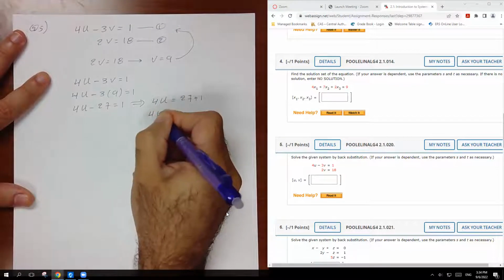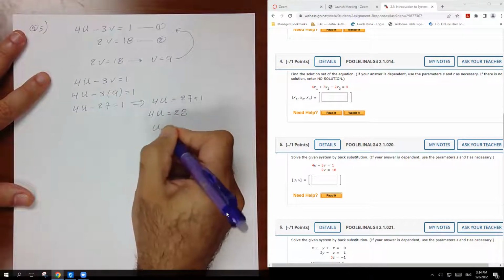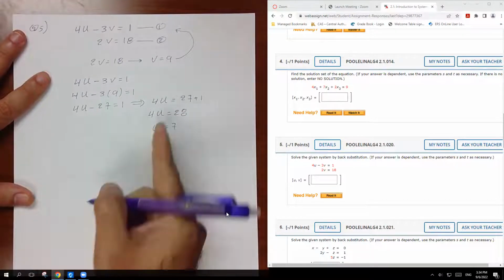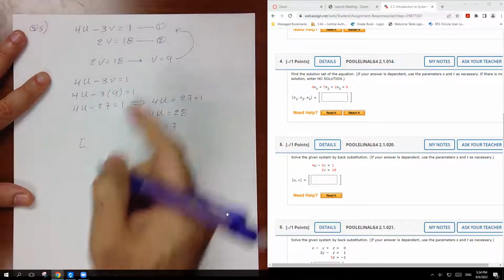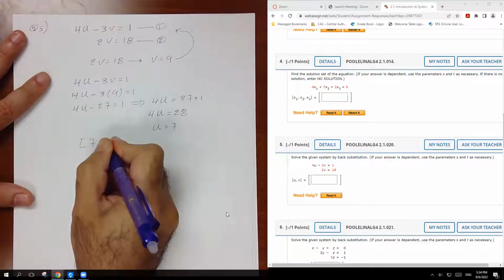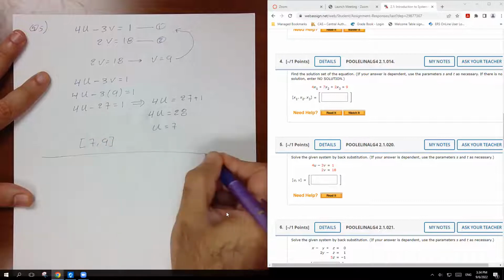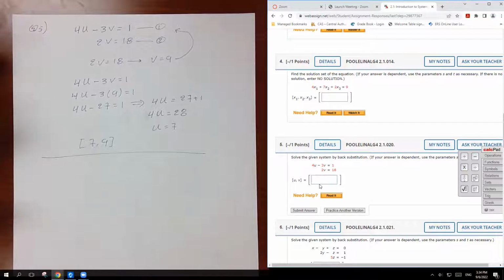This means 4u is going to be 28, and dividing both sides by 4, u is going to be 7. This means the solution set is u is 7 and v is 9. For this example, we just have to write it down here. Be careful, you don't have to put parentheses or brackets because there's already a bracket here. So it's going to be 7, 9. That's it for this example.